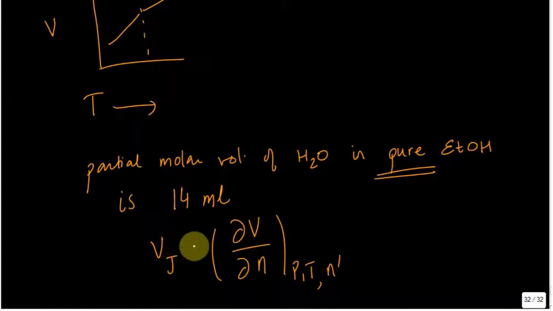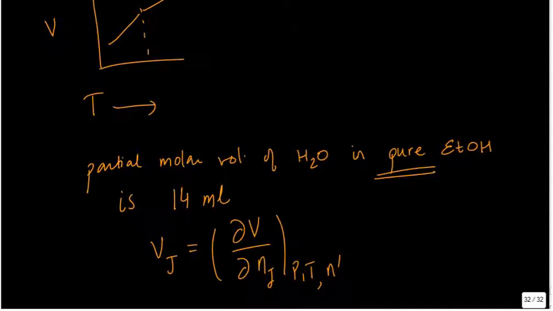I'll just denote it by Vj, or then I could write Nj. It's fine. Jth component, let's say, which is added. V is the total volume, right?